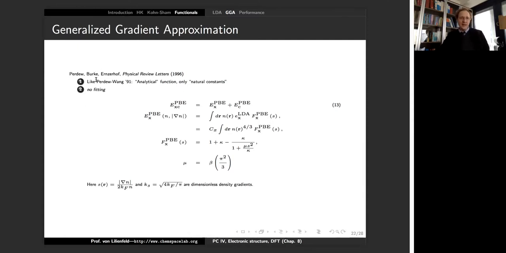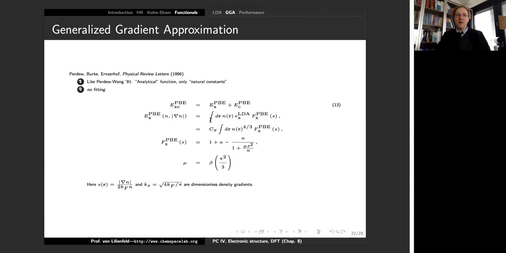Now, one of the most famous functionals is this PBE, the Perdew, Burke, Ernzerhof functional. It is a functional which was not fitted, but rather obtained by obeying theoretical constraints, such as the LDA functional. So what this consists of is, you approximate the exact unknown exchange correlation energy by this PBE term, which is defined again as a sum of exchange and correlation.